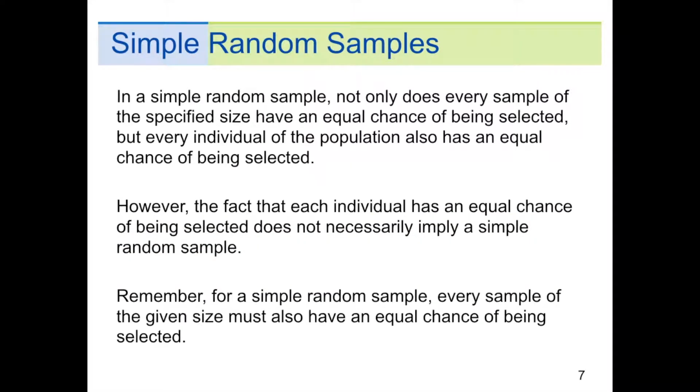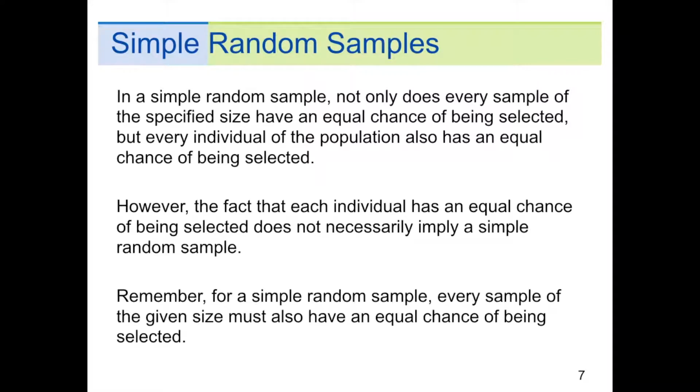In a simple random sample, not only does every sample of specified size have to have an equal chance of being selected, but every individual of the population also has an equal chance of being selected. However, the fact that each individual has an equal chance of being selected does not necessarily imply a simple random sample.